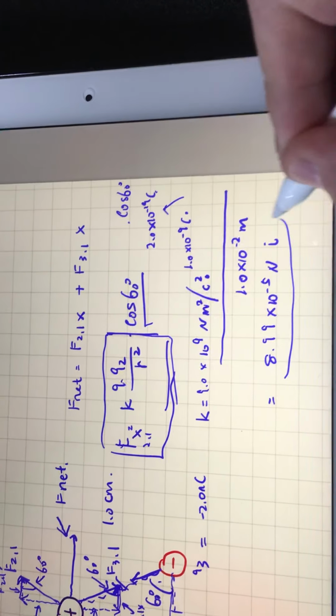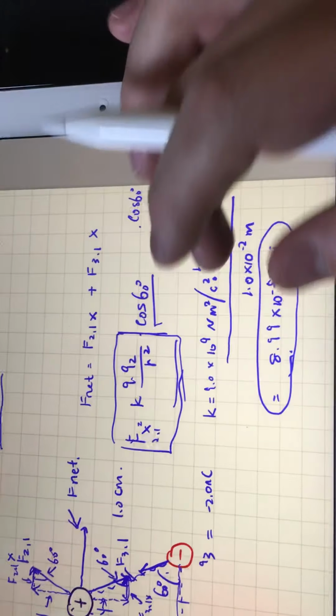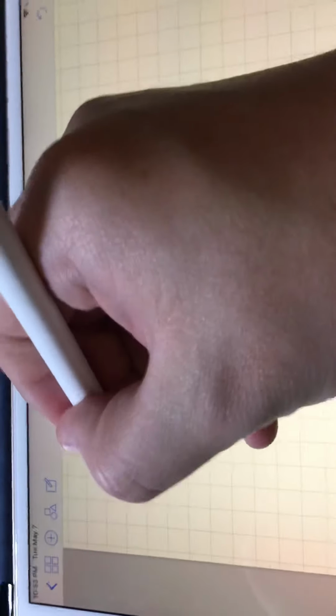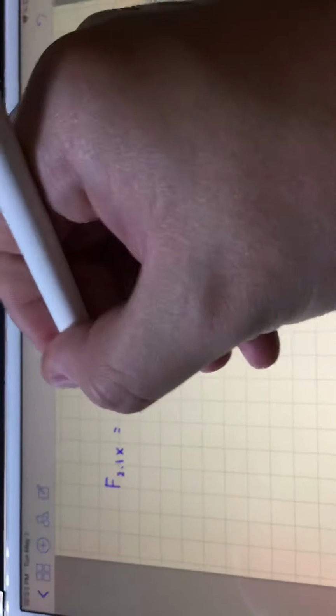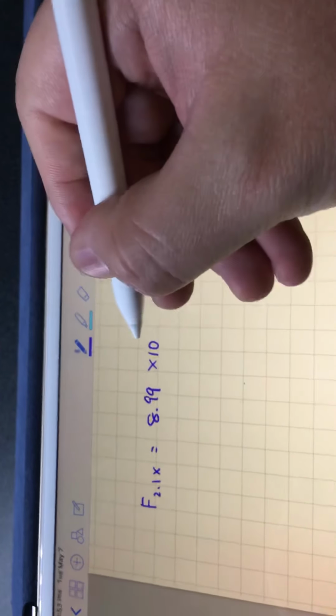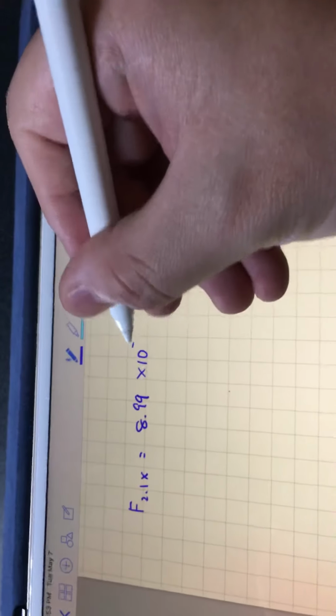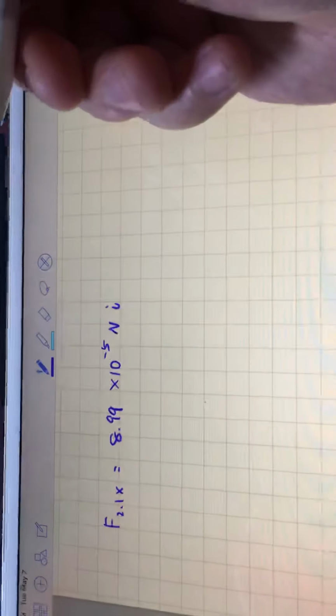So F2 on 1 x is 8.99 times 10 to the negative 5 Newton, x component.